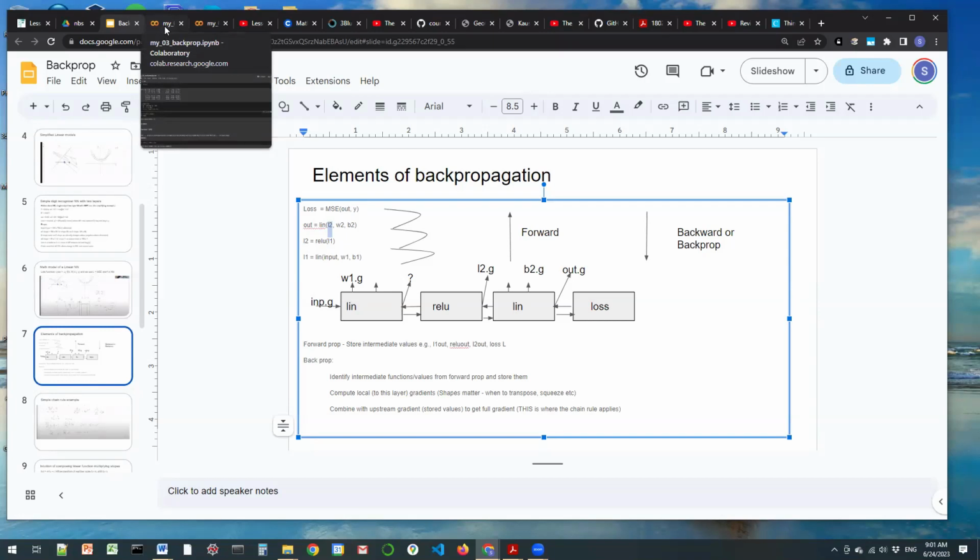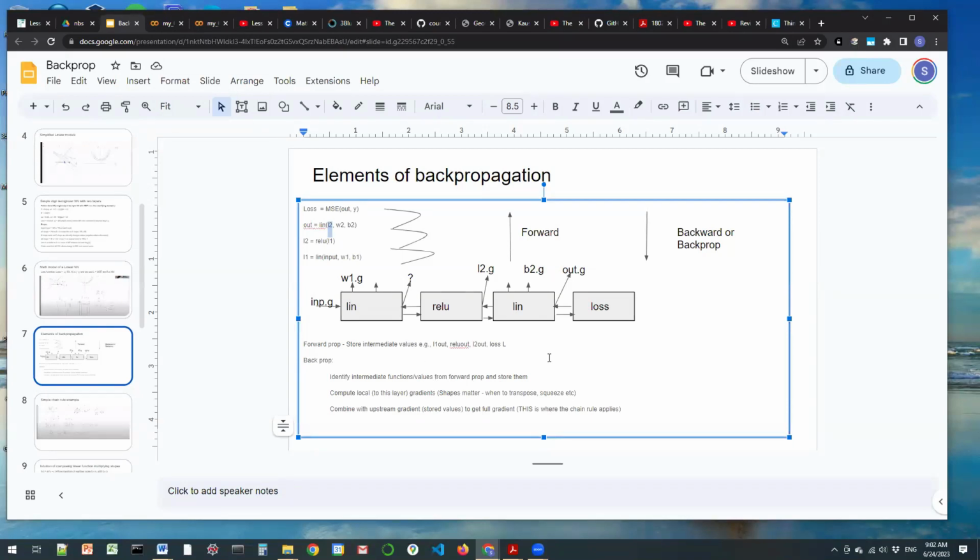Because unless you understand conceptually, it will just be a kind of mechanical, mathematical manipulation, unless you understand the 3 steps that are used in order to compute the backprop. In every instance, identify the values going forward.